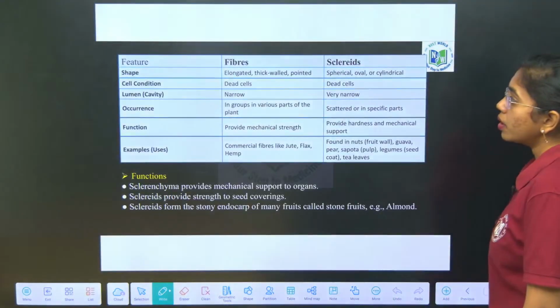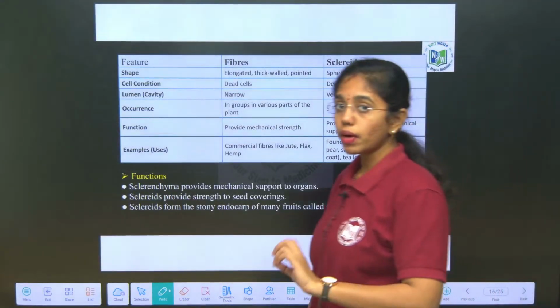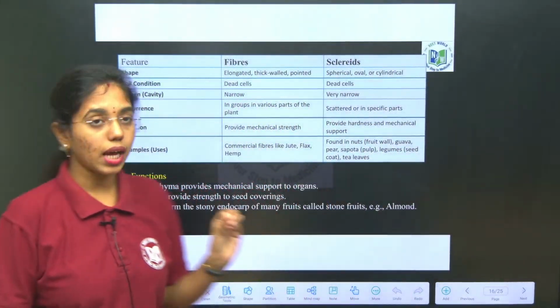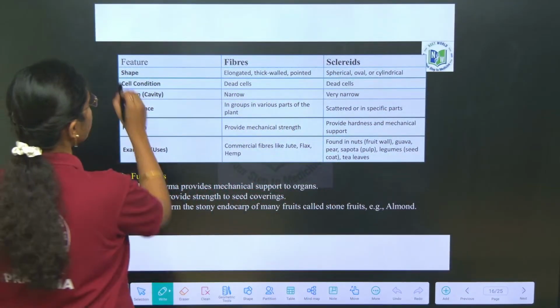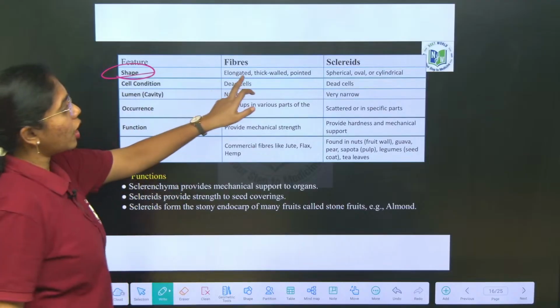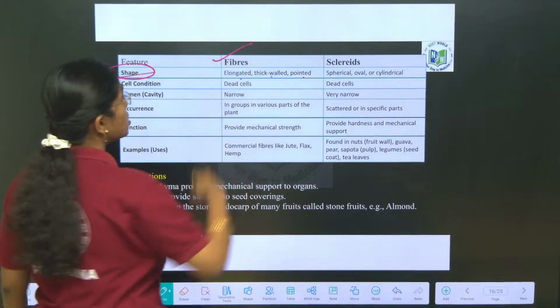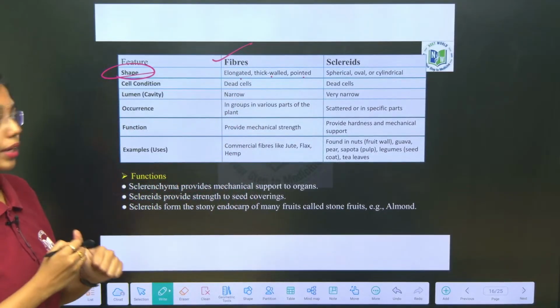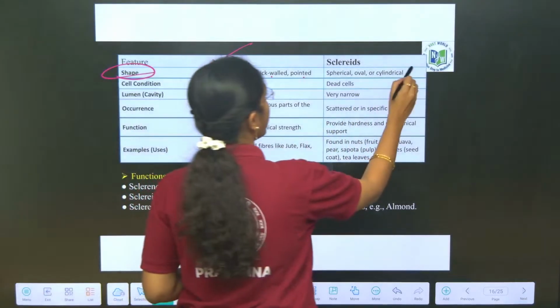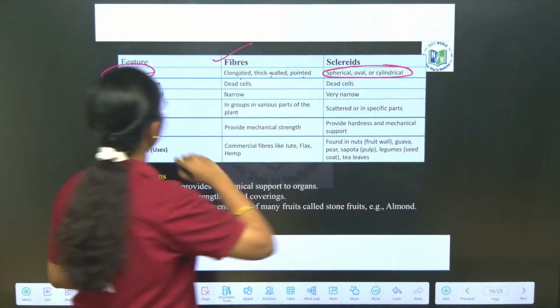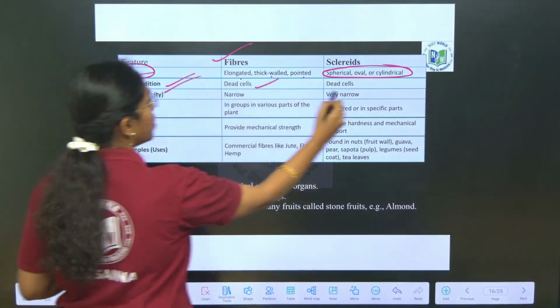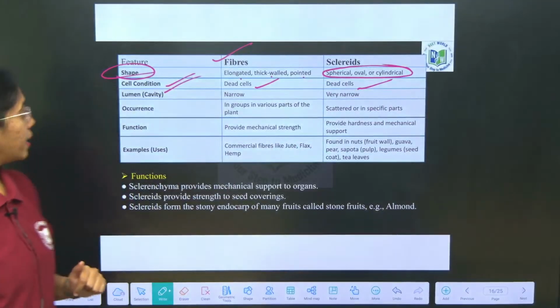Next you see the comparative analysis between fibers and sclereids. The shape of fibers is elongated, thick walled and pointed. Sclereids are spherical, oval and cylindrical. Both fibers and sclereids are dead cells.